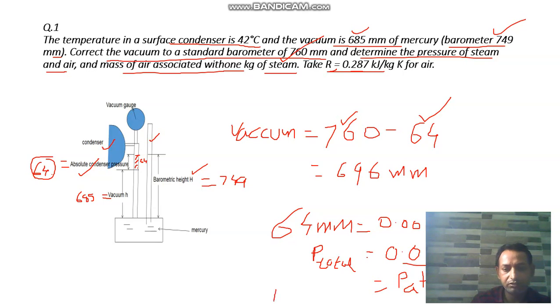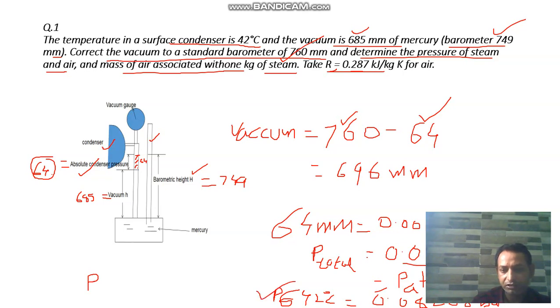The pressure at 42 degrees from the steam table comes out to be 0.08208 bar. This is the steam pressure at 42 degrees.